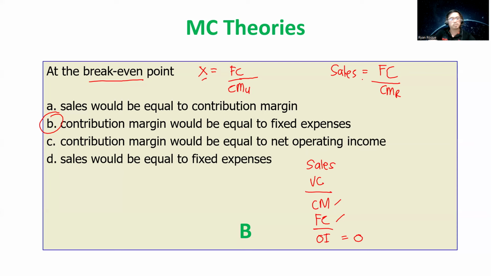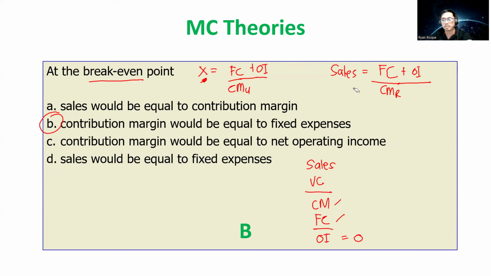All right. So, of course, the company would target some certain amount of income. So, if the problem would give you target operating income, you just simply add that in your numerator. Okay? So add that in your numerator, and that would give you the number of units that must be sold to achieve the certain operating income. And that is the before tax income.